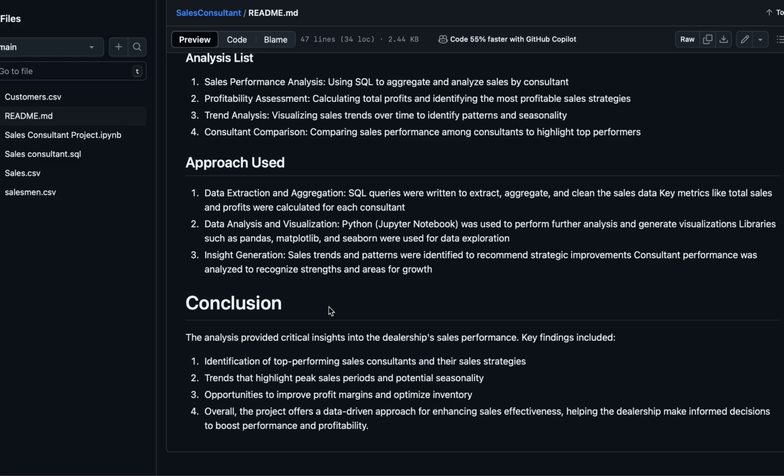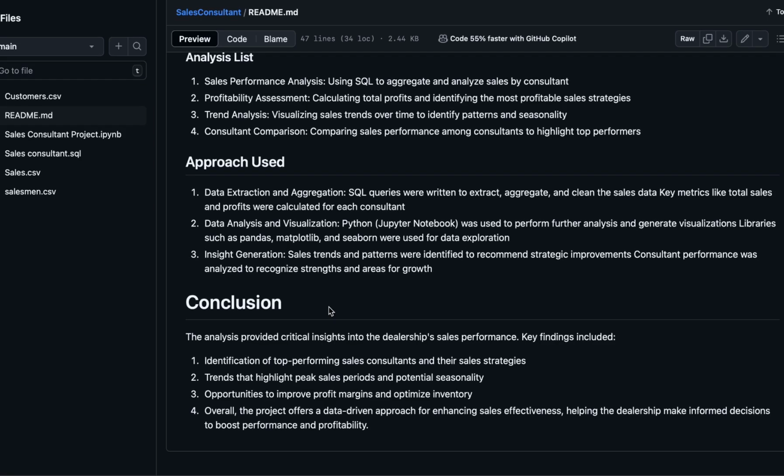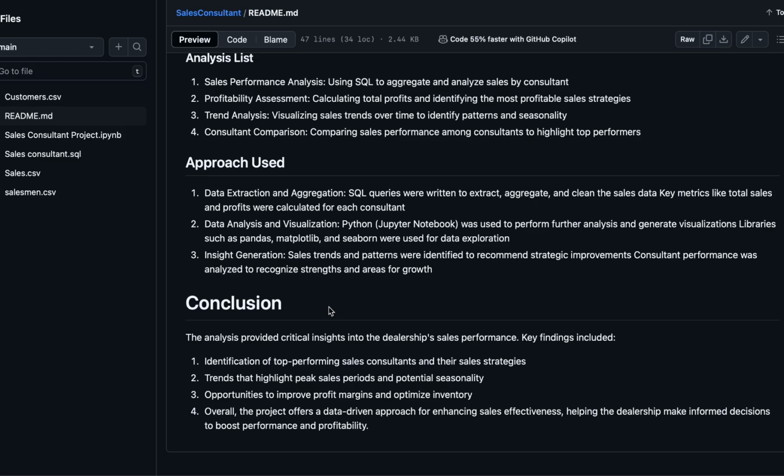We were able to see some opportunities to improve profit margins and optimize inventory. And overall, the project offered us a detail-driven approach for enhancing sales effectiveness and helping the dealership make informed decisions to boost performance and profitability.